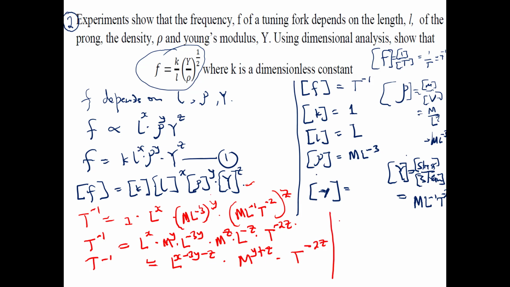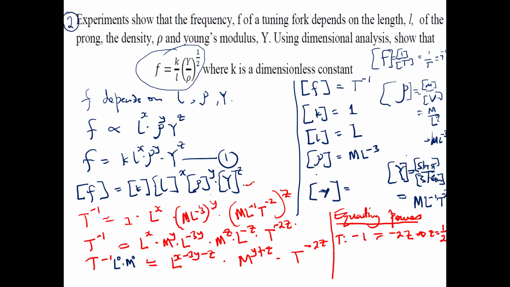From here, we are going to equate powers. And by equating powers, since I have T on the left-hand side alone, I can introduce L power 0 times M power 0. So, equating powers, for T, I have minus 1 equals minus 2z, implying that my z will be equal to a half.